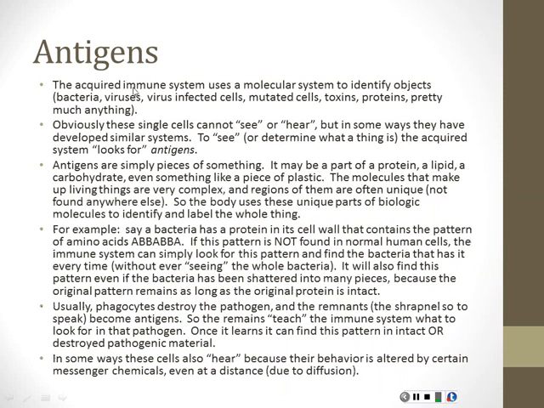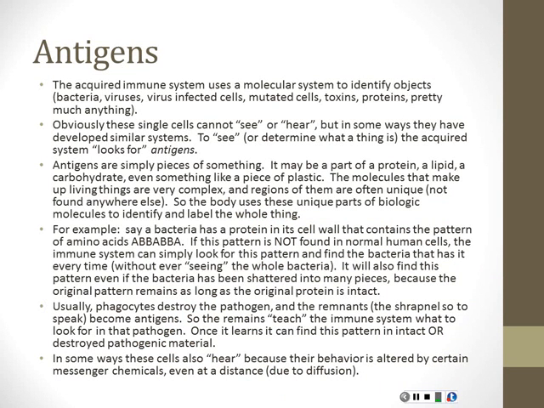In some ways, I think this is one of the hardest pieces of the immune system to understand, which is why I came up with this big long slide that's not in your book. But okay, so the acquired immune system uses this system of molecular identification called an antigen. Why?